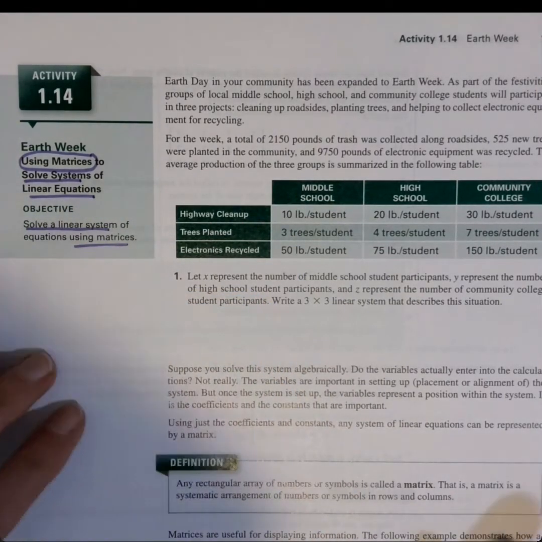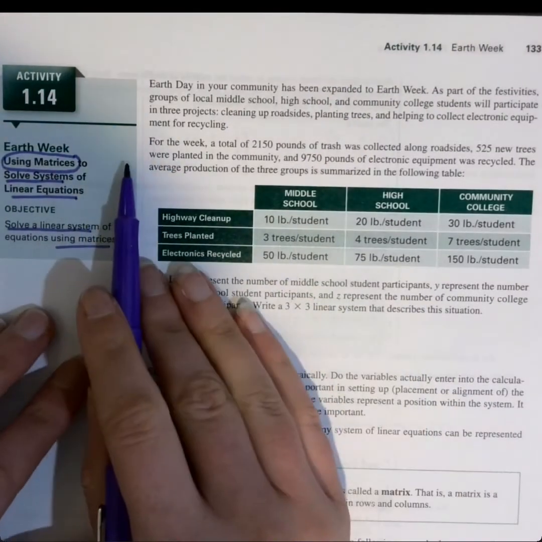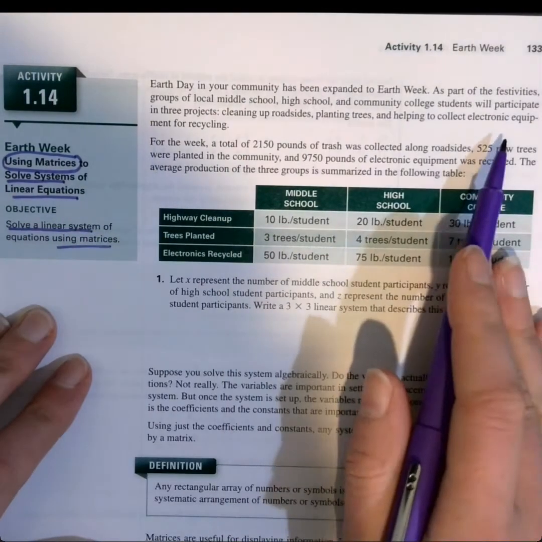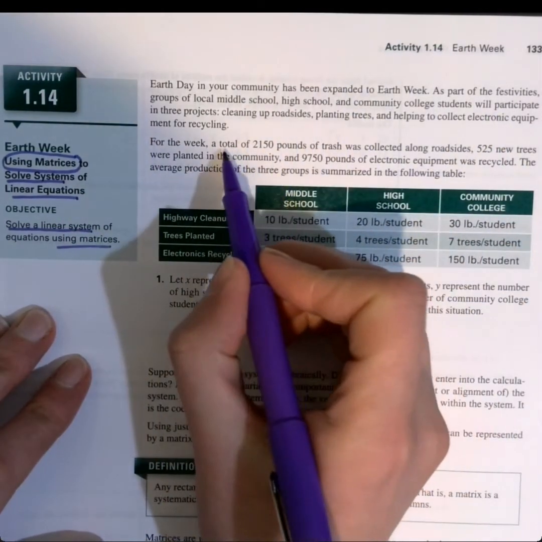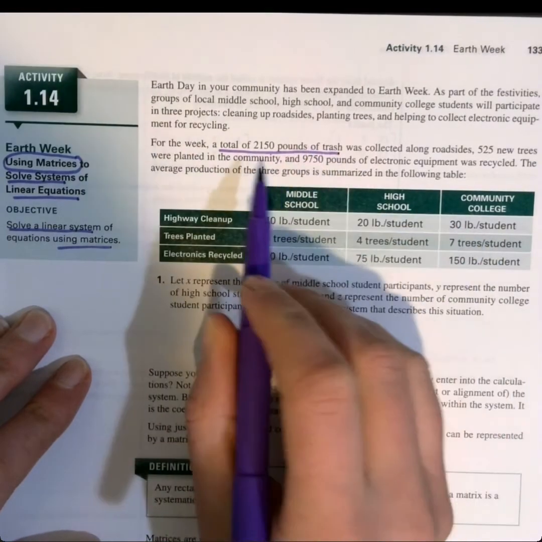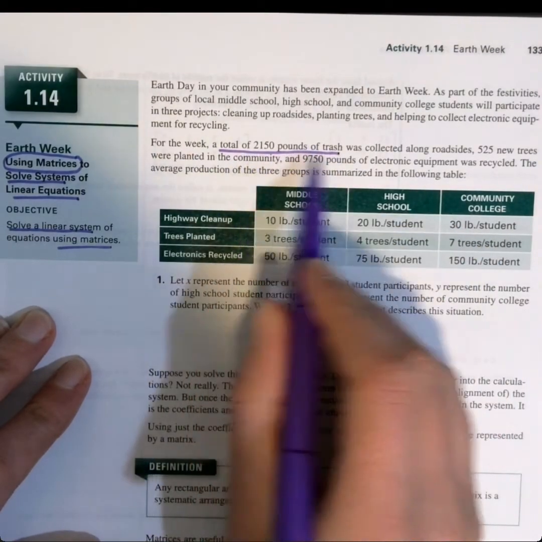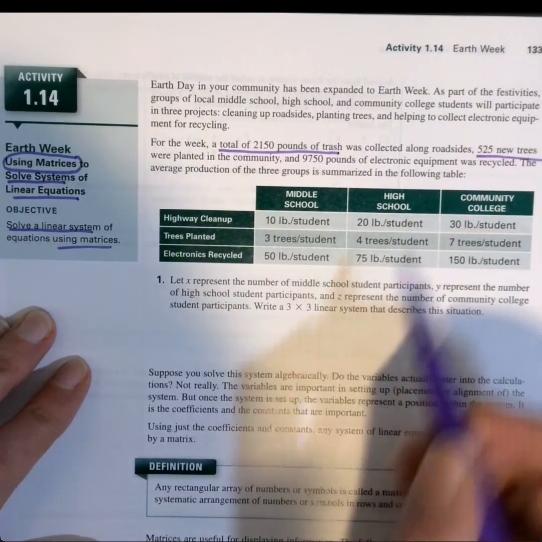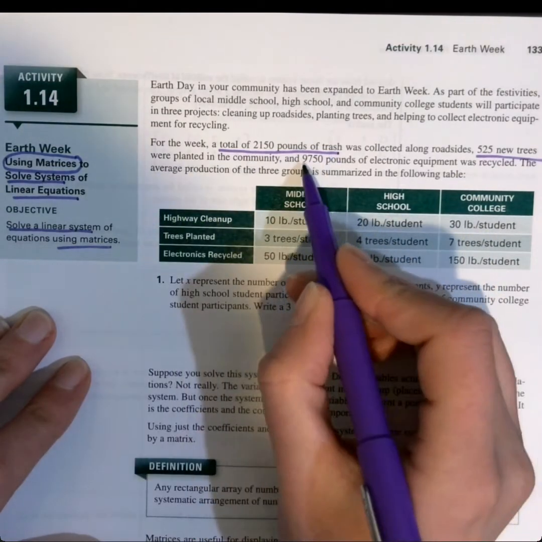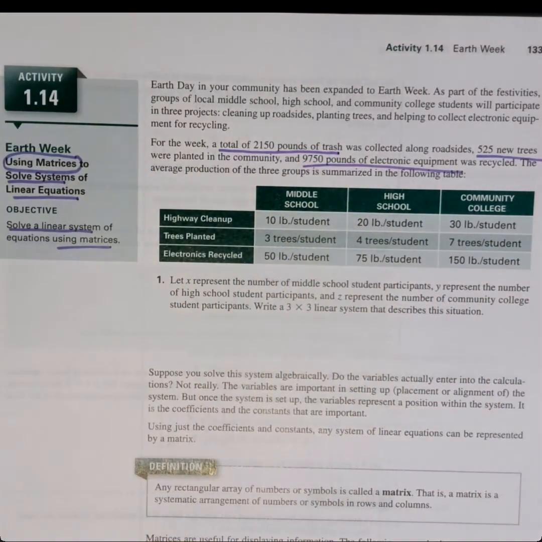To start, we have a situation where we're doing some Earth Day cleanup. For a week, a total of 2,150 pounds of trash was collected, 525 new trees were planted, and 9,750 pounds of electronic equipment was recycled.